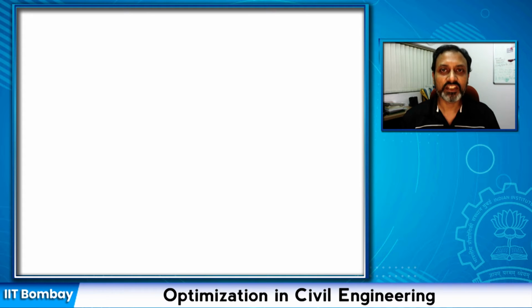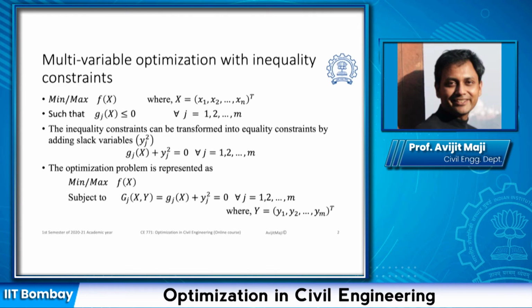So let's first see how we can represent the multivariable optimization problem with inequality constraints. Here is the generic form of a multivariable optimization problem with inequality constraints. The first part represents the objective function which we need to minimize or maximize, and in this capital X represents an array of n number of variables, and then we have the constraints.